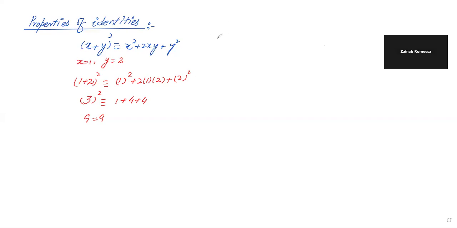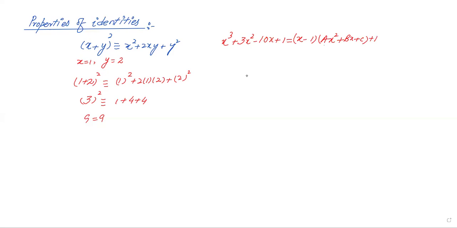Just like this one, if we have x cubed plus 3x squared minus 10x plus 1 is equal to (x minus 1) times (ax squared plus bx plus c) plus d. So in this case, we have some information.